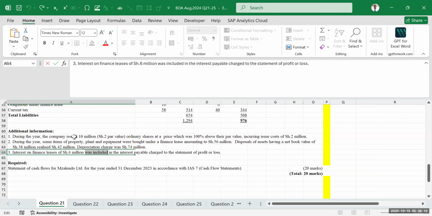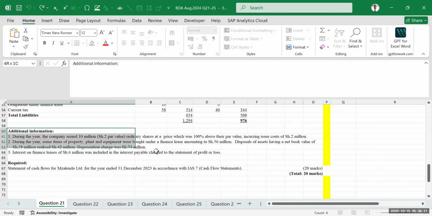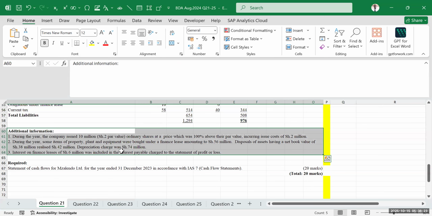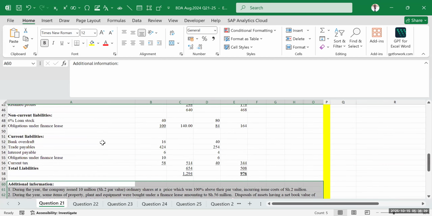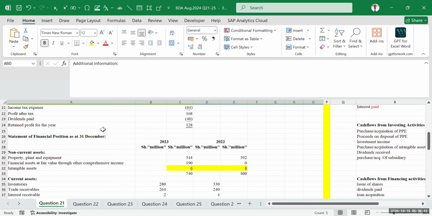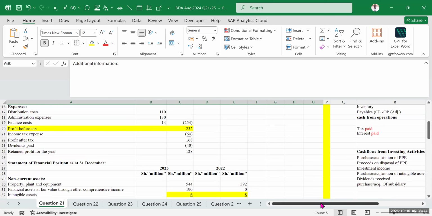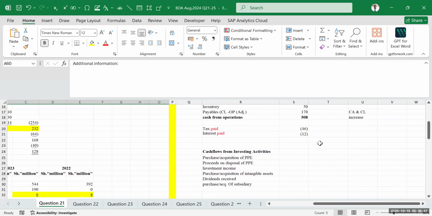Remember, these adjustments normally come after the statements have been prepared. In the additional information section, some of them are explanations of what has already happened, very true. Some of them give you the adjustments that need to be effected. So this 6 million that arises from the interest on finance lease is an adjustment we have to recognize.